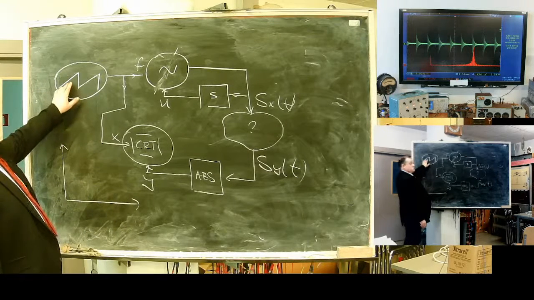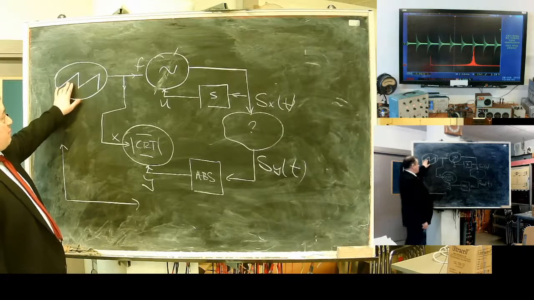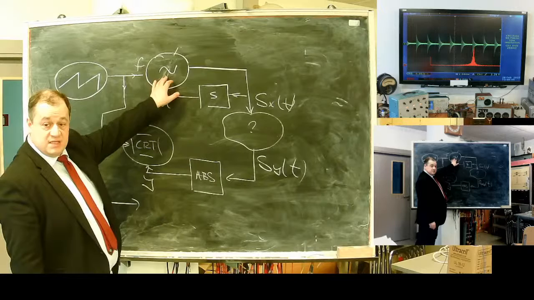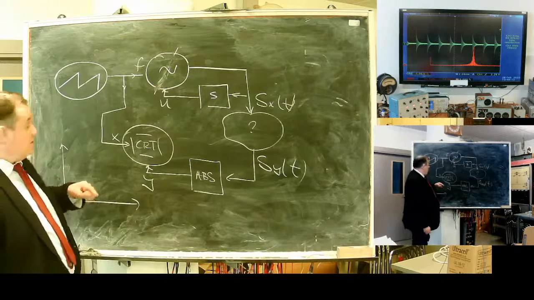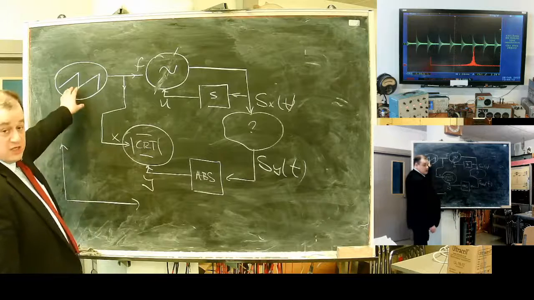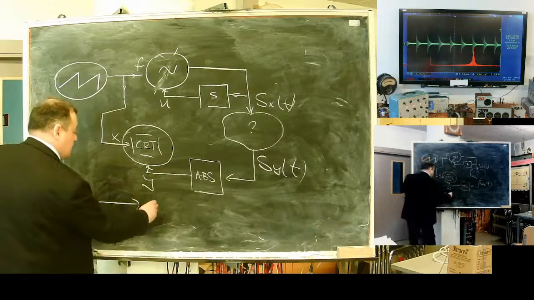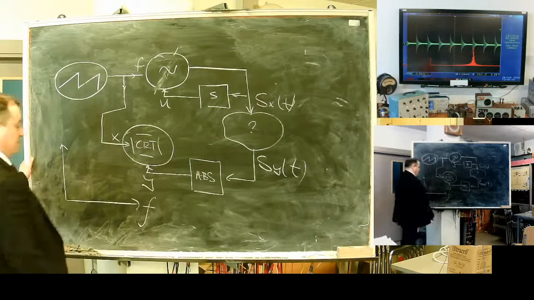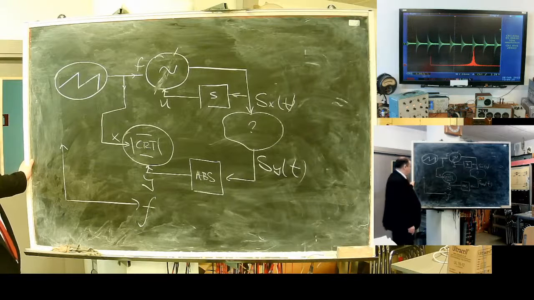Horizontal movement is determined by the sawtooth generator. Since the frequency of the control generator is directly bound to this voltage, in reality it will be frequency around some point.